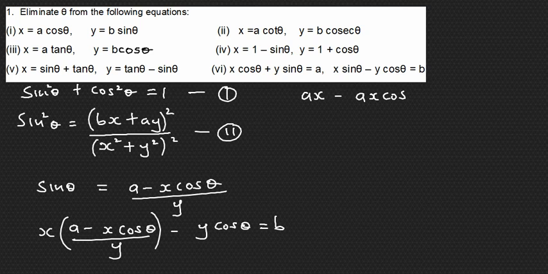I beg your pardon, if I multiply with x, this is going to be ax, but the other one will be minus x squared cos theta. Then the y I will multiply here will cancel with the denominator, but the other one will be minus y squared cos theta equal to by. So make cos the subject.